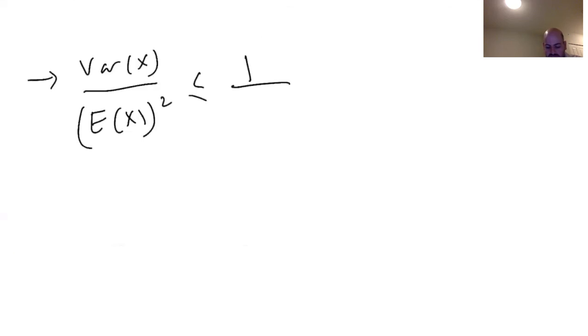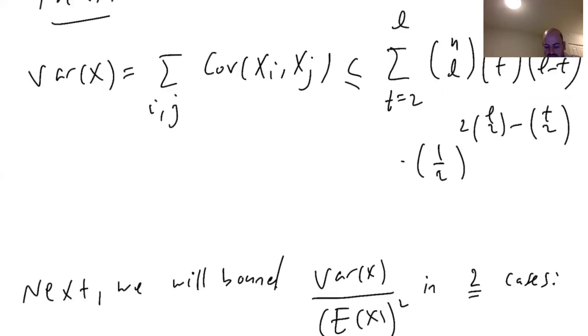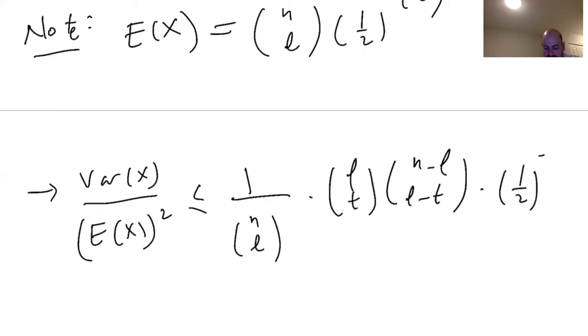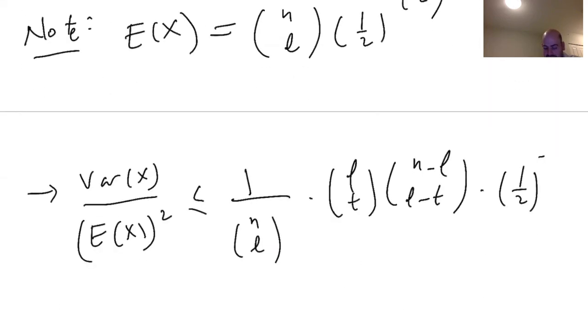So 1 over n choose L. 1/2 to the power L choose 2, to the power 2, means 1/2 to the power 2 times L choose 2, which cancels with this term that I have here. So what will be left? Times L choose t is left, n minus L choose L minus t is left, and 1/2 to the power minus t choose 2 is also left.